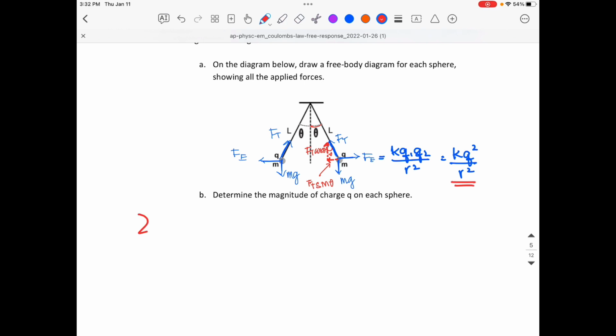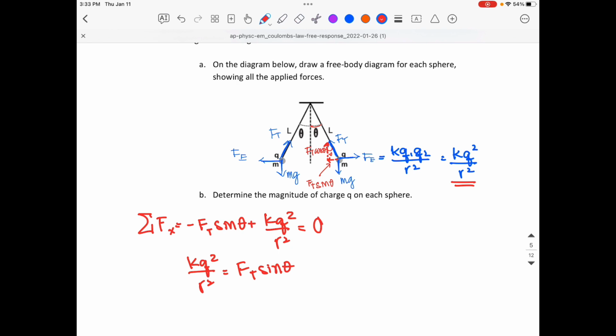So the sum of the forces in the x direction are going to be negative FT sine theta plus kq squared over r squared is equal to 0 because everything is balanced. And so that gives us kq squared over r squared is equal to force of tension sine theta.